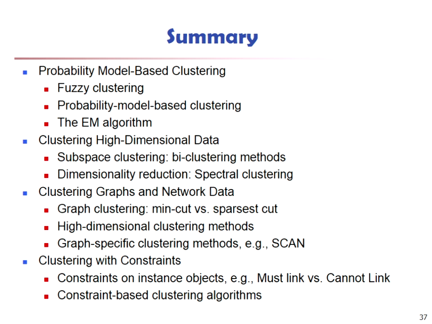An example of subspace clustering is the biclustering methods, and an example of dimensionality reduction is spectral clustering. Clustering graphs and network data is also discussed in this chapter. We discussed graph clustering, the min cut versus the sparsest cut, high-dimensional clustering methods, and graph-specific clustering methods.